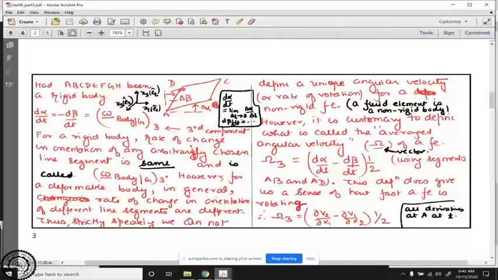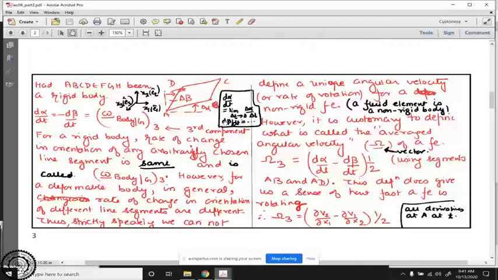And this is what I have taken from the very beginning in today's class. AB, I am saying, in time delta t gets angularly displaced by delta alpha, but AD I gave a new symbol, delta beta. So for a deformable body, different line segments can change their orientation by different angles over the same time interval, and that's why they are deformable.